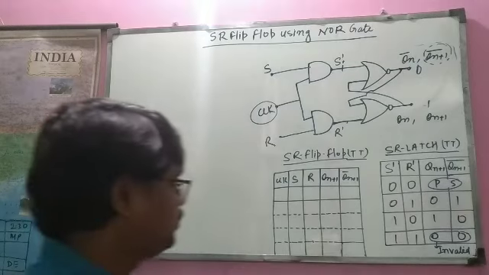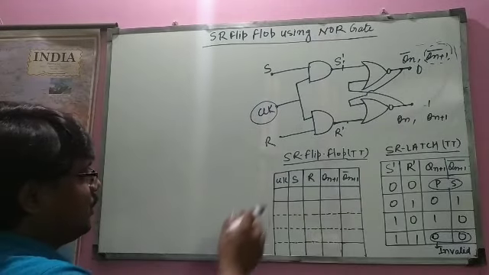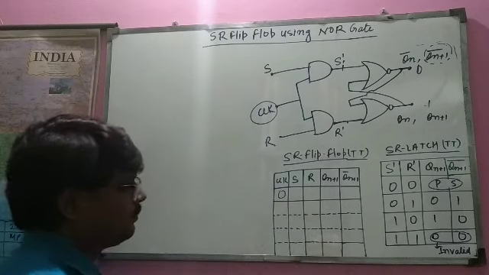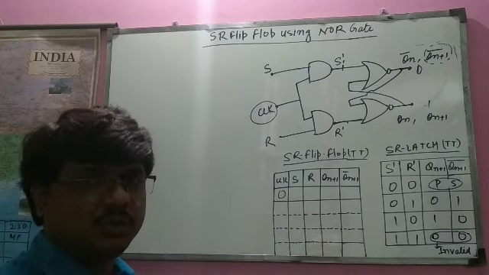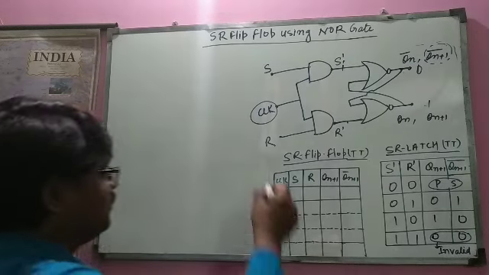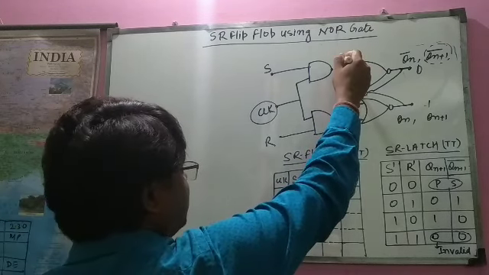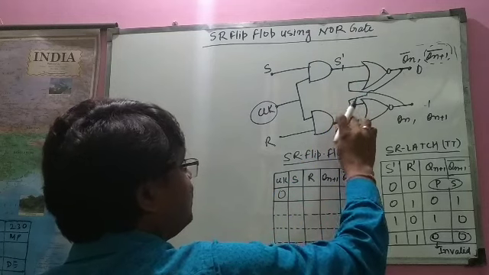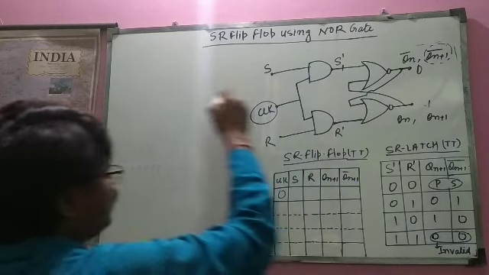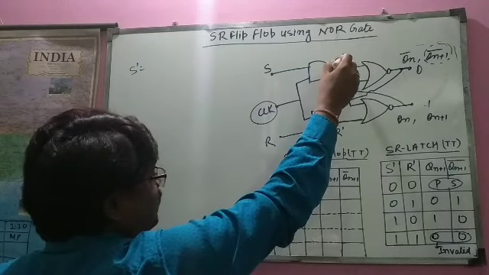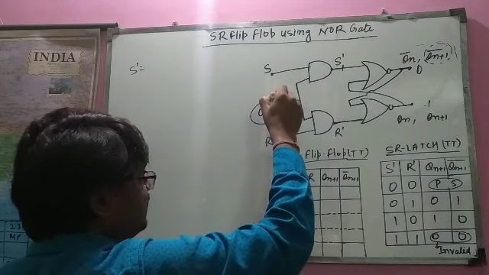That is the case. So see, let us suppose when clock is 0. Let us see first what will be the value of S dash and what will be the value of R dash. S dash will be the function of this S and this clock.